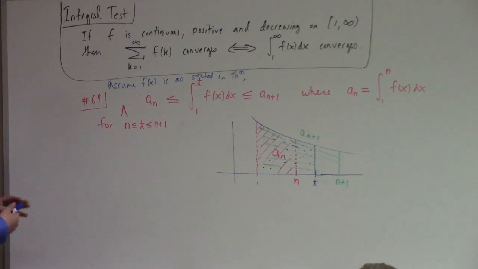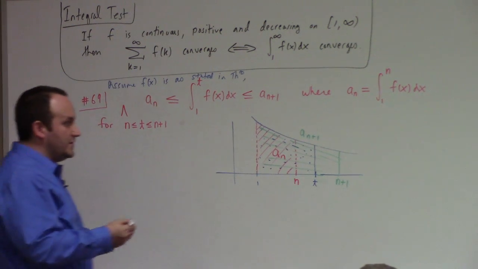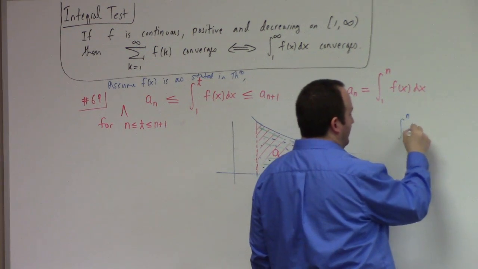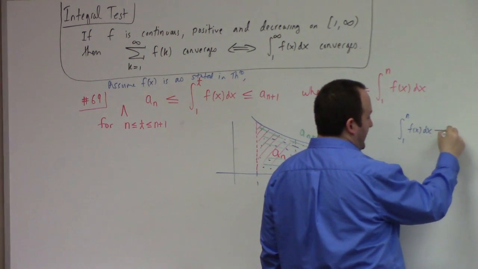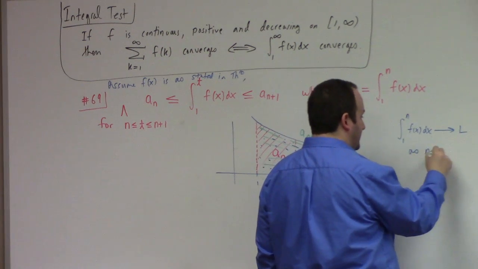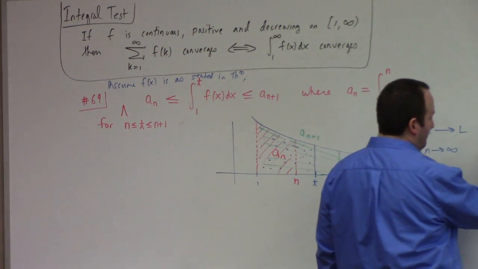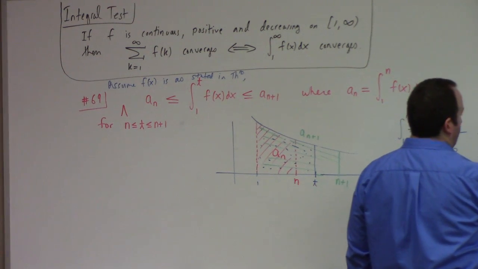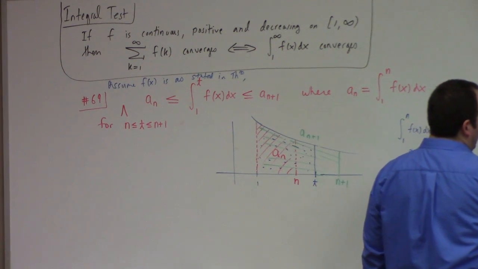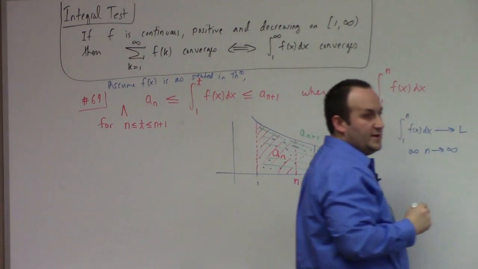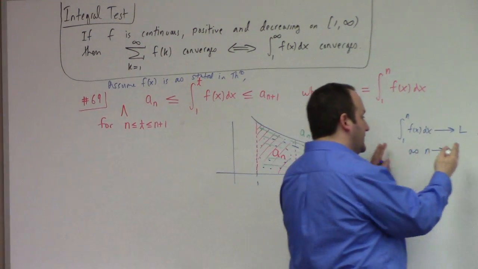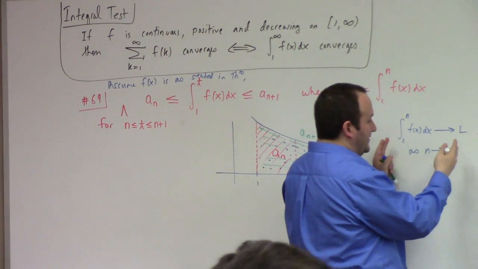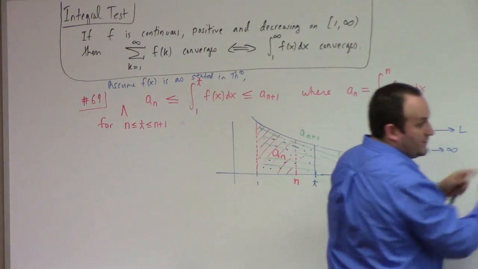Well, what does problem 69 ask? Problem 69 asks you to show that the integral from 1 to n of f of x dx goes to L as n goes to infinity is interchangeable with the integral from 1 to infinity of f of x dx equals L. In other words, the convergence of this very particular sequence built from area functions is interchangeable with the convergence of this improper integral.